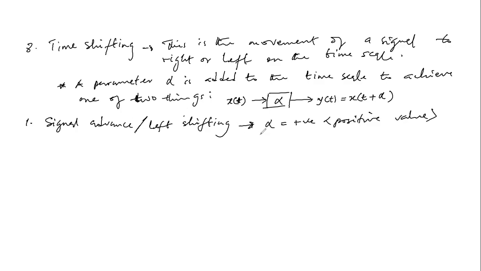So it means s of t goes into a system where alpha is positive. So we have y of t to be the same as s of t plus alpha, since plus times plus is positive.